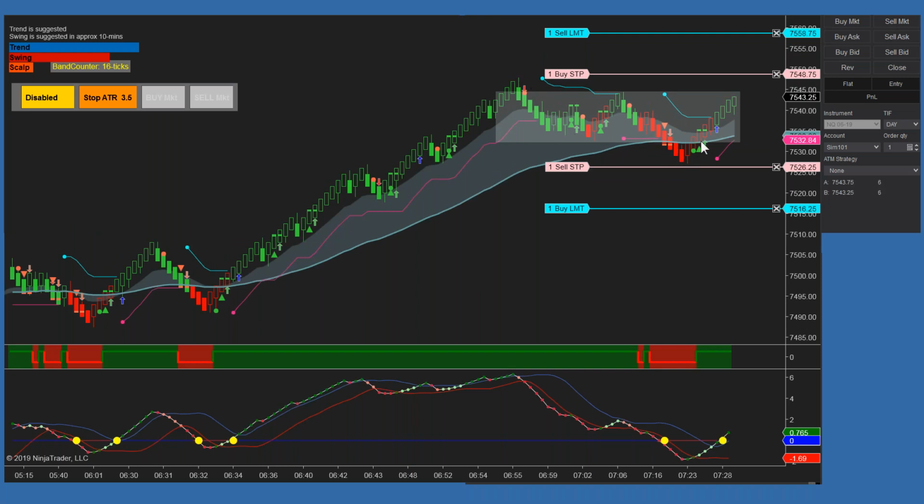We saw the breakout, we saw the retest. The retest seems to have failed, which is making me wonder whether that was the true breakout or not.